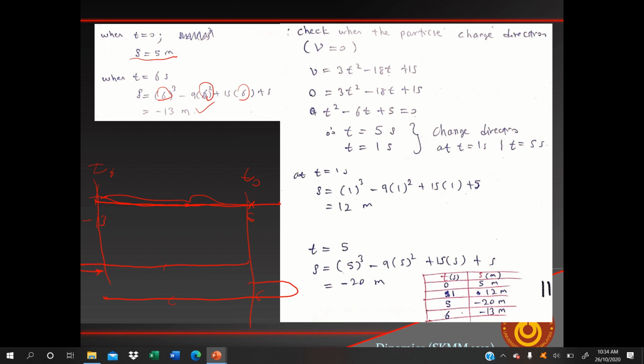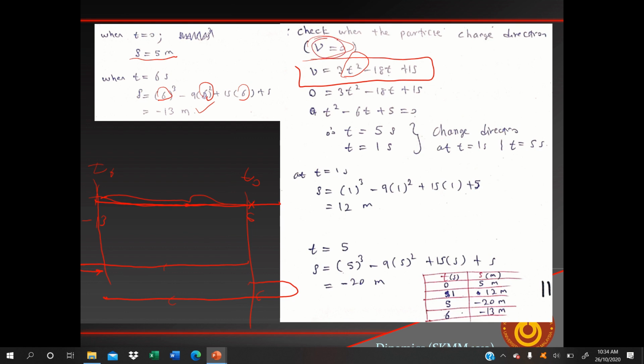So in order to do this, you have the equation for velocity. You need to check whether the particle changes direction or not. From this equation, you see the t squared, so you know it will change direction 2 times. A particle changes direction when v equals 0. Remember the v equals 0 condition: start from rest, finally stop and change direction.